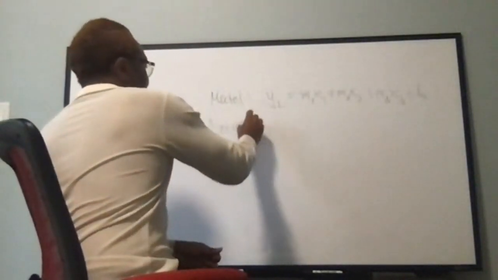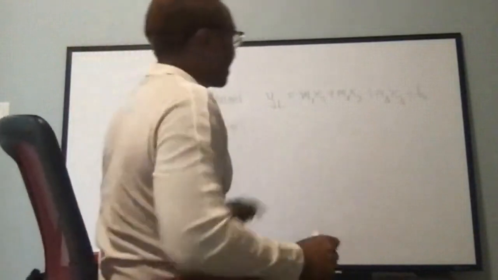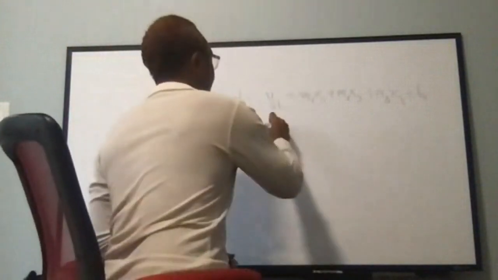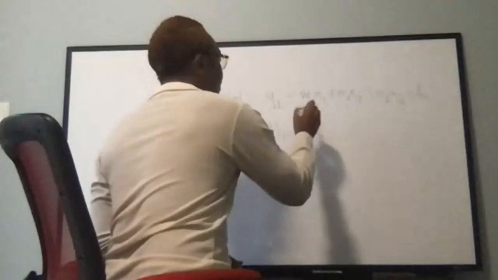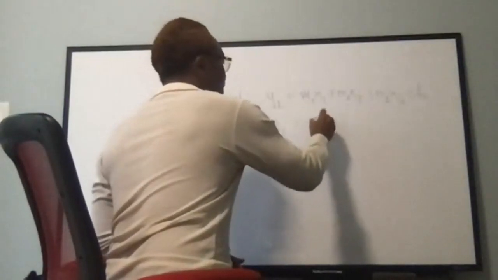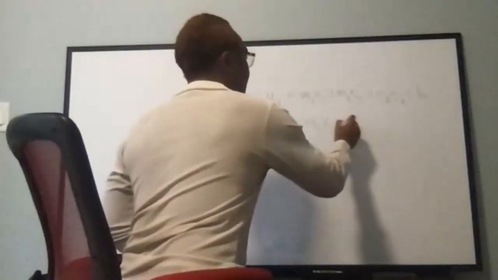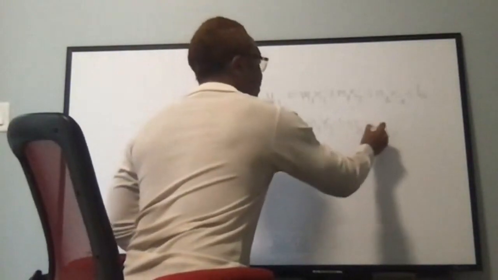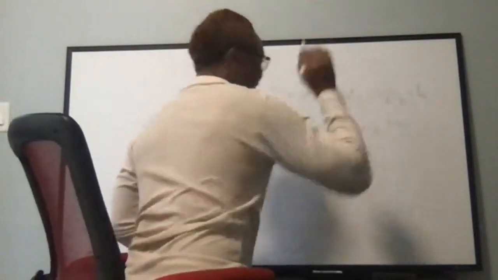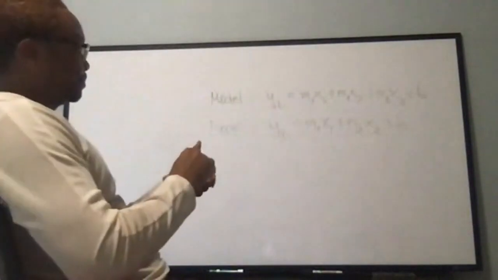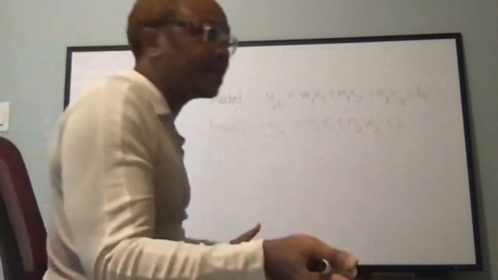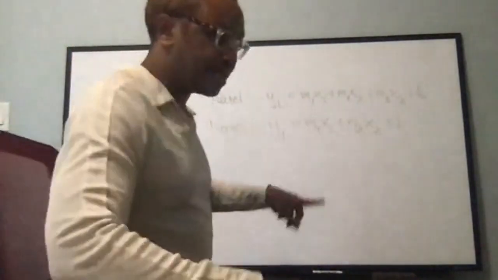Do you agree that another model that can come out of this looks like y sub L equals M1 x1 plus M2 x2 plus B? You say, where's the M3? Well, I didn't use it.